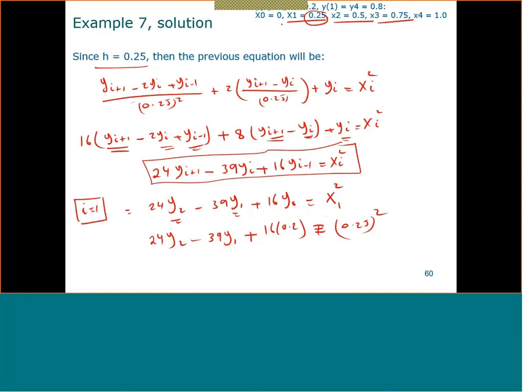So now this equation, if we collect terms, becomes 24y2 minus 39y1 equal to minus 3.1375, and this is my first linear equation.